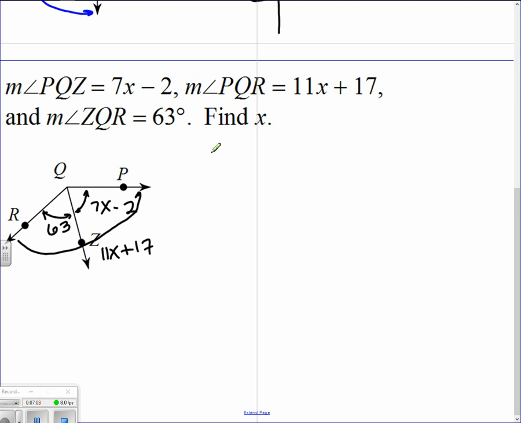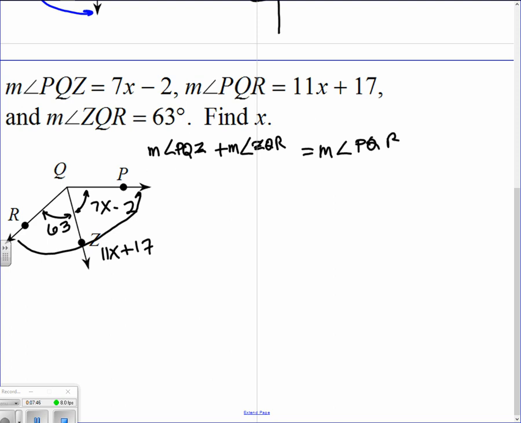Now do the angle addition postulate. That means if you add the little angles, it should be equal to the biggest angle of them all. One of the small angles will be the measurement of PQC, plus the measurement of the other small angle, CQR, and the biggest angle is PQR.